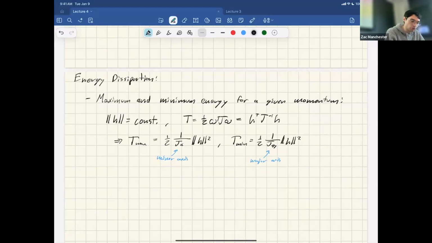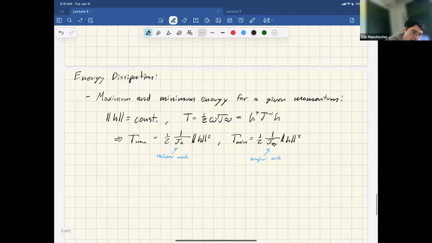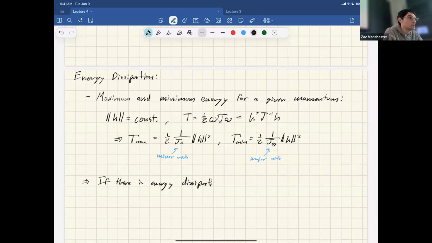for this spinning body given a fixed angular momentum. So if there's any internal energy dissipation, which there always is from fluid slosh, flexible modes, damping, etc., what's going to happen? How about Mr. Lyapunov?